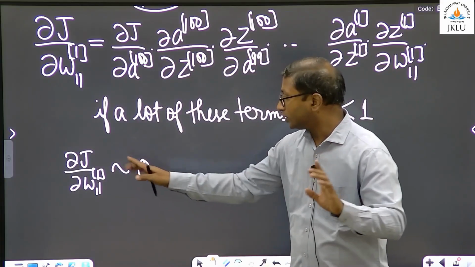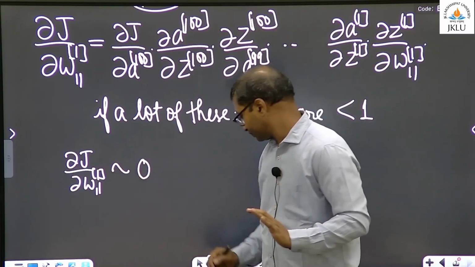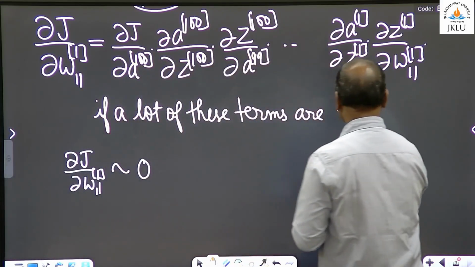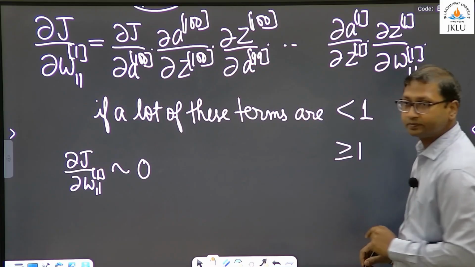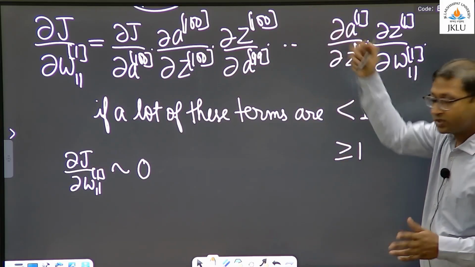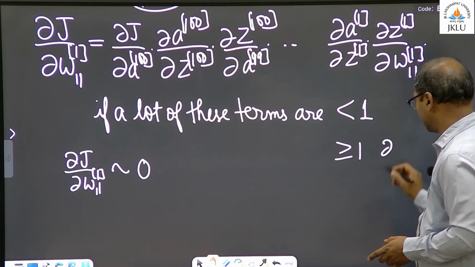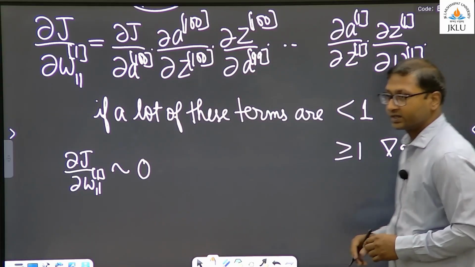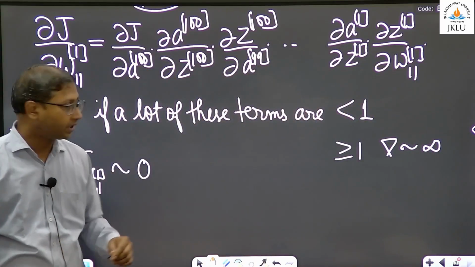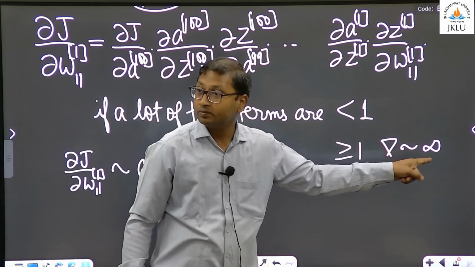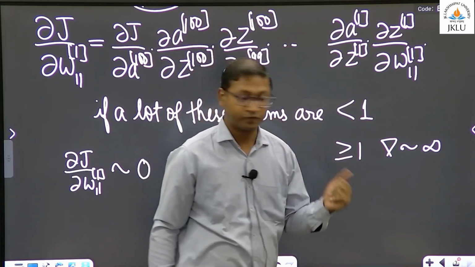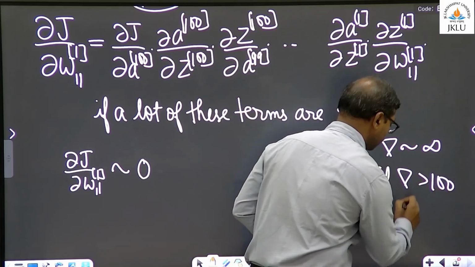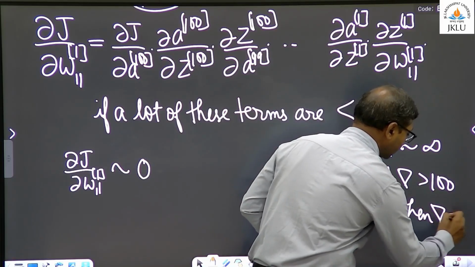For a second I'll pause here. If a lot of these terms are greater than 1, then what happens? Gradient explodes. Basically grads go to infinity, let's say. Now, how can I solve this problem? There are just 2 lines of code for this: if grads are greater than 100, then grads are 100.